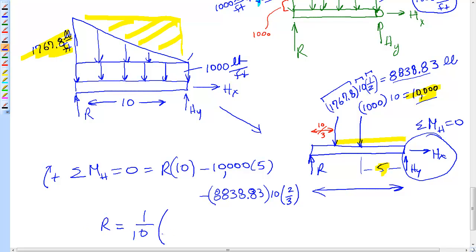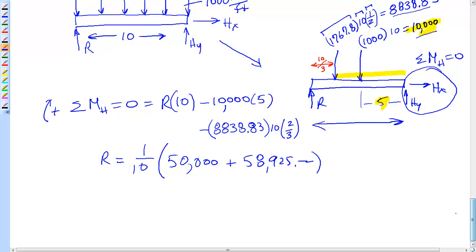So that's equal to 50,000. That's easy enough to figure out. And then this I have to work on, times 10 times 2 divided by 3. 58,925 and change. Add that to 50,000, and then divide that by 10.